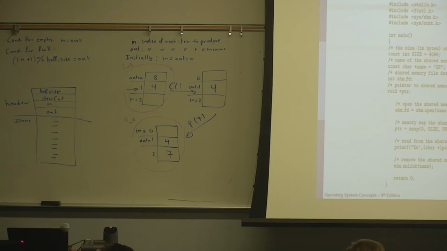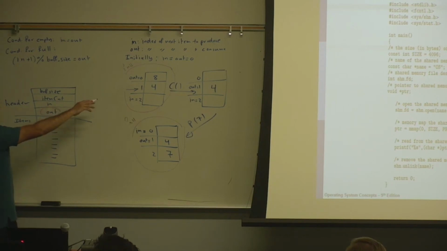So now it should become obvious why the consumer must have the right to modify, to write to the buffer. So why does the consumer need to write to the buffer in this case? Change the out. Yeah, exactly. So the answer is changing out.